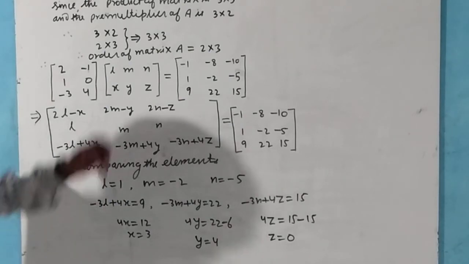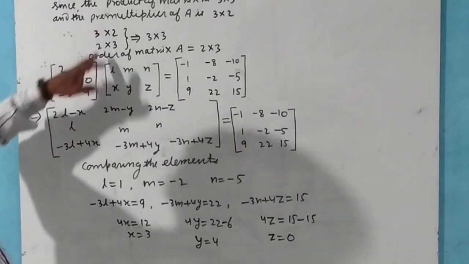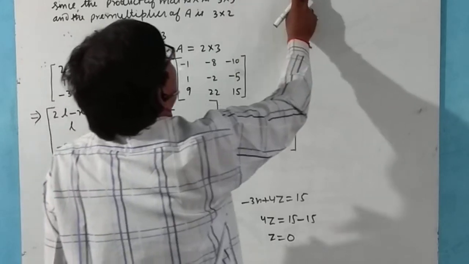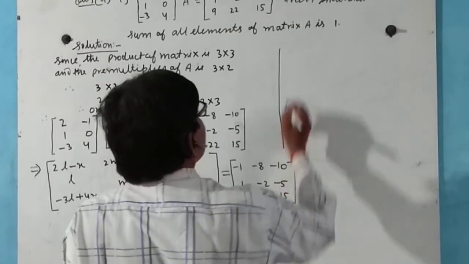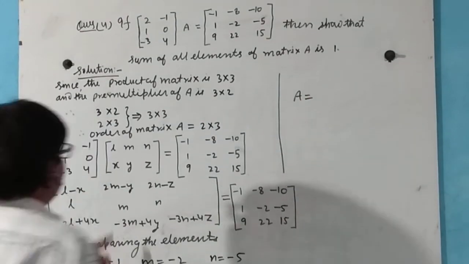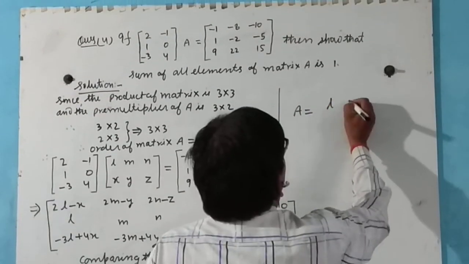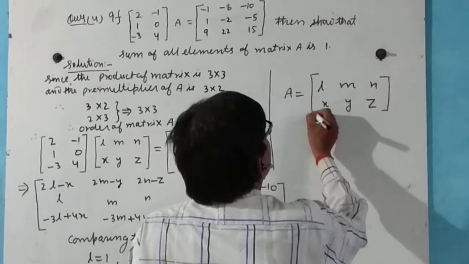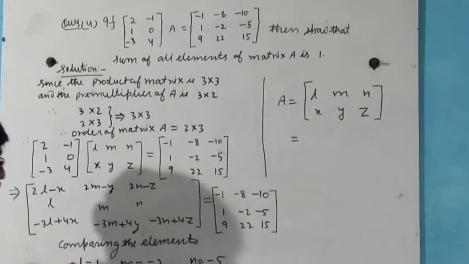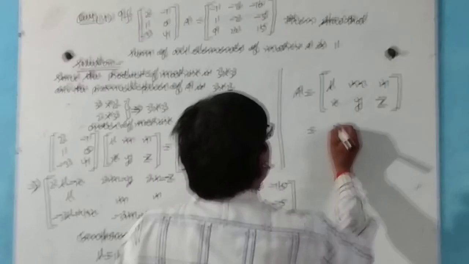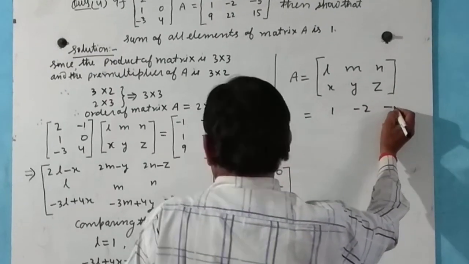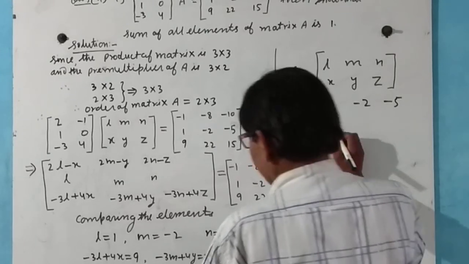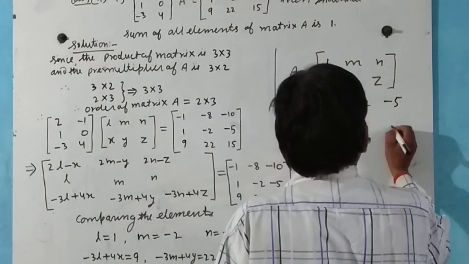Now we have to calculate the sum of all elements of matrix A. Matrix A is L M N, X Y Z, where L equal to 1, M equal to minus 2, N equal to minus 5, X equal to 3, Y equal to 4 and Z equal to 0.